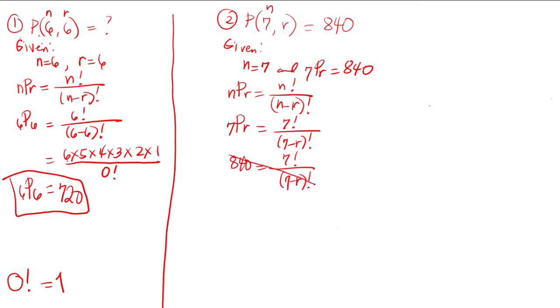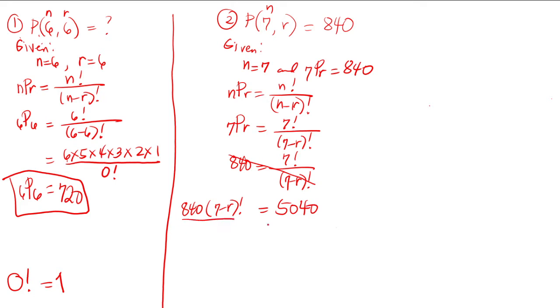And then after that, cross multiply. So you have 840 times 7 minus r quantity factorial is equal to, evaluate 7 factorial. 7 factorial is equal to 7 times 6 times 5 times 4 times 3 times 2 times 1. And that is equal to 5,040.